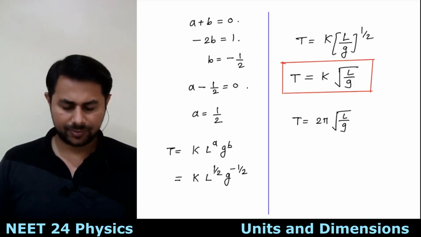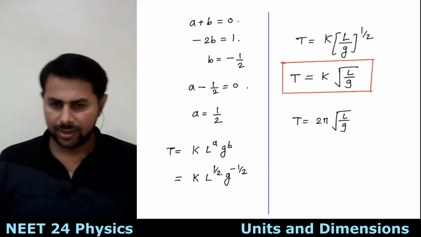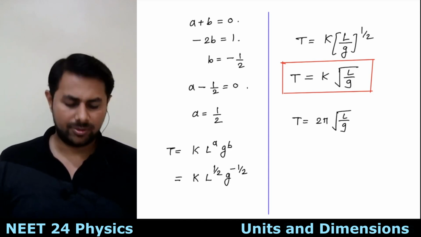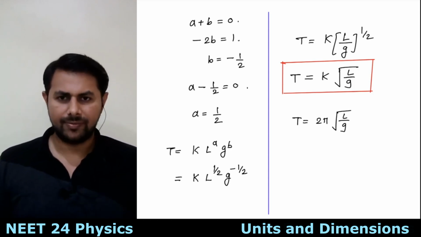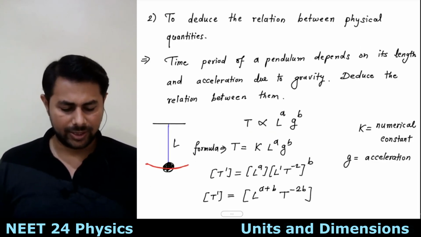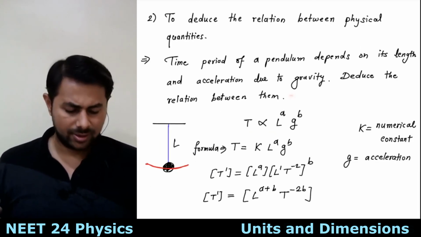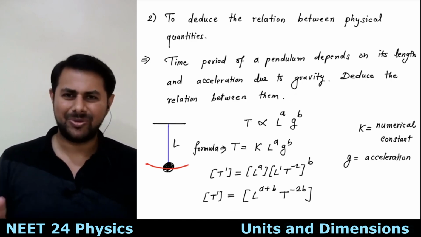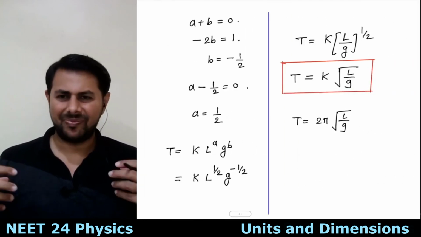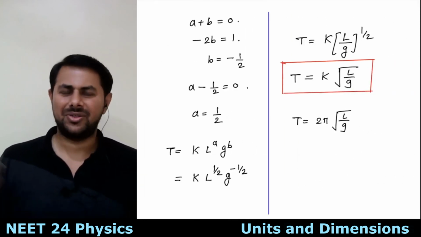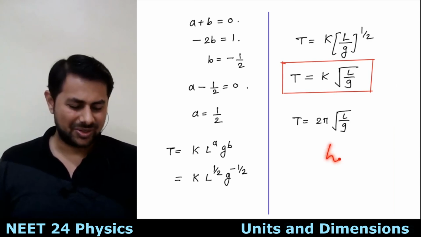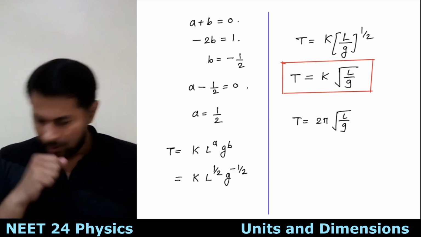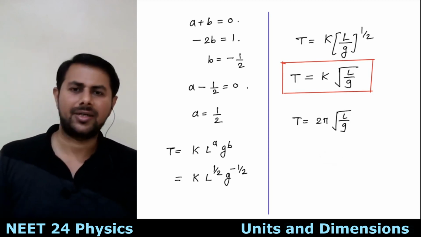Okay, good. So now this procedure is simple, but it is time consuming. So if there is a question in NEET, for example, deduce a relation. Suppose time period depends on this one, you know, right? But there would be some questions like something length depends on the universal gravitational constant, the Planck's constant, speed of light, etc. And find out the correct relation between them.